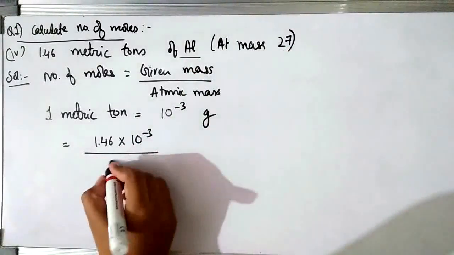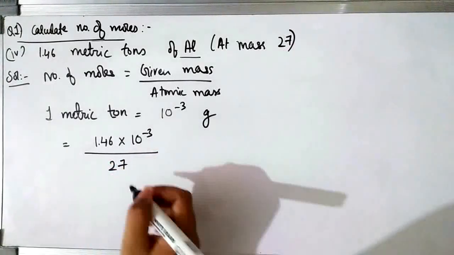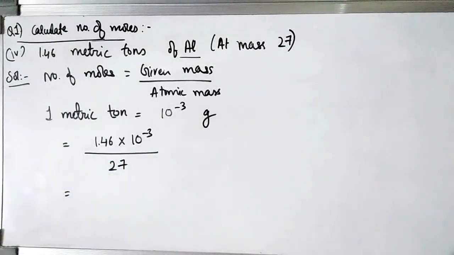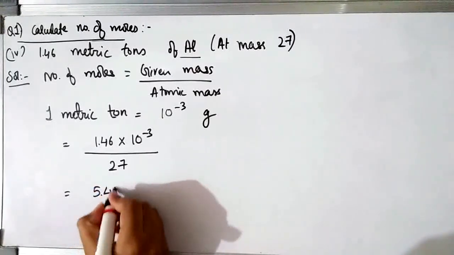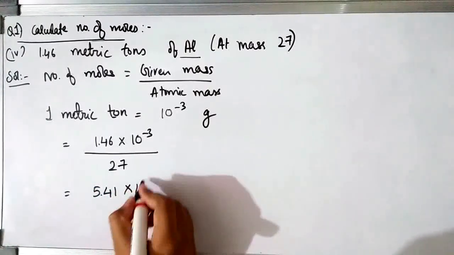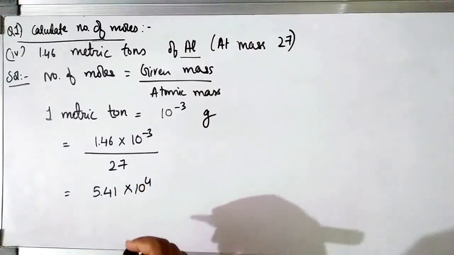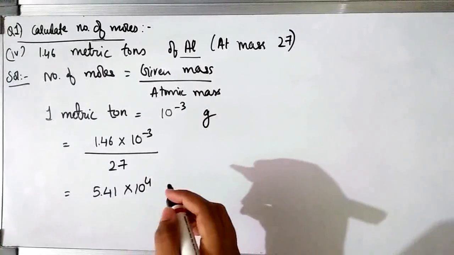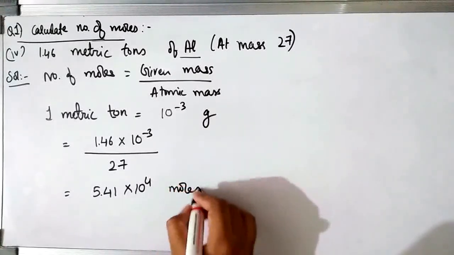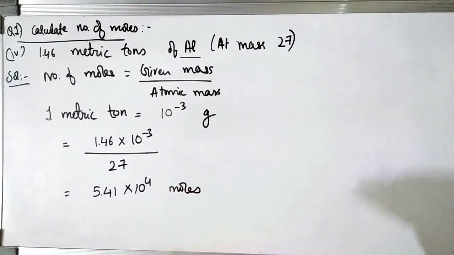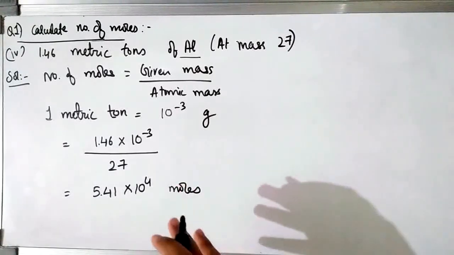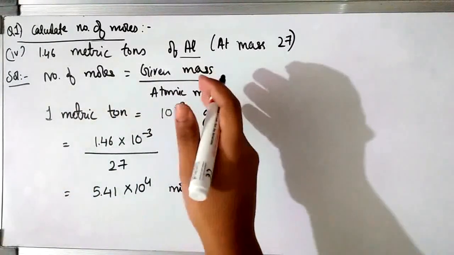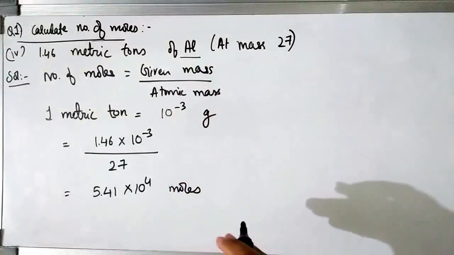Atomic mass given to us is 27 grams, because we know the atomic mass of aluminium is 27 grams. So on further solving this, what we get is 5.41 into 10 to the power 4 moles. So that many moles of aluminium is present in 1.46 metric tons of aluminium. Okay.